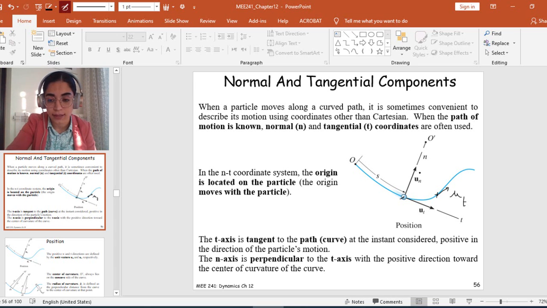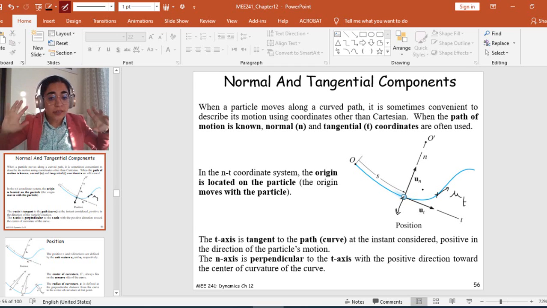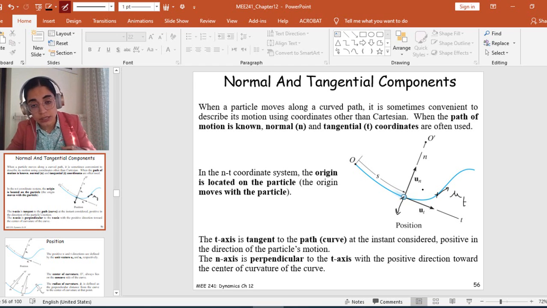This means the positive normal direction should be towards the center of curvature. For example, this is a normal direction that is negative because it is in the opposite direction of un. So these are, by definition, the normal and tangential directions as well as the normal unit vector and the tangential unit vector.